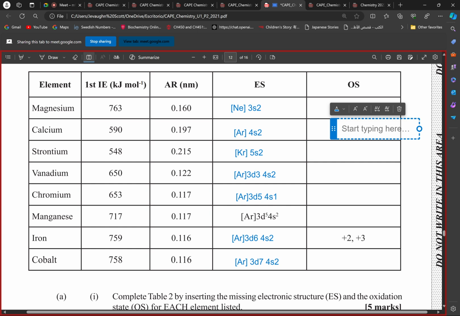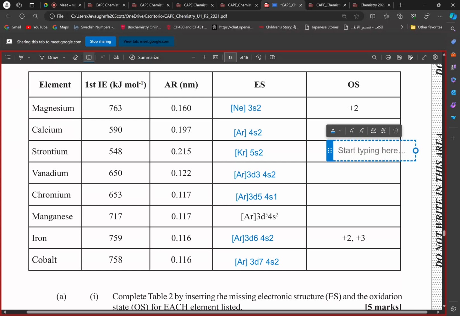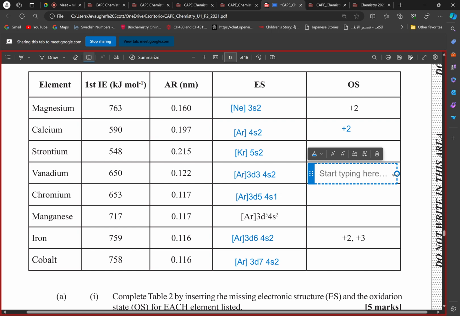Calcium's oxidation state is usually +2. Strontium's usual oxidation state is +2. Vanadium has multiple oxidation states: +3, +4, and +5. +4 is more stable than +3.